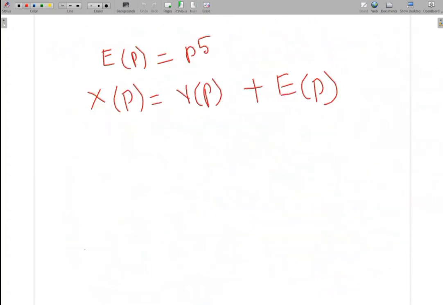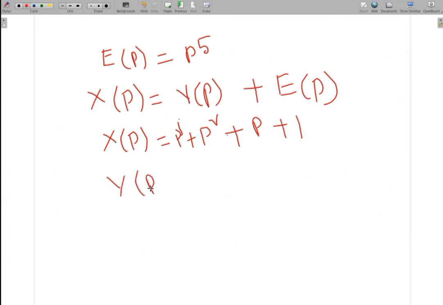Here, in the previous case, X of P is P power 5 plus P square plus P plus 1. But Y of P is equal to P square plus P plus 1. Some error is there.